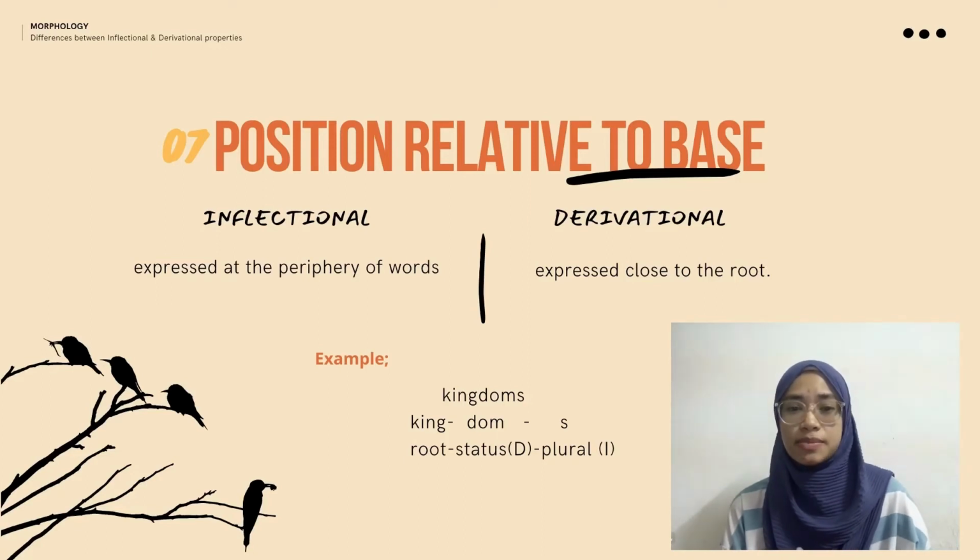The first is best demonstrated by words on the same side of the root that have one derivational affix and one inflectional affix. In such cases, the derivational affix almost always occurs between the root and the inflectional affix. As an example here, kingdoms. The -dom is close to the root.